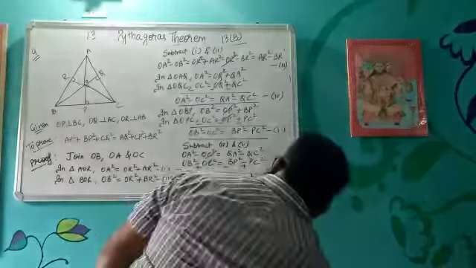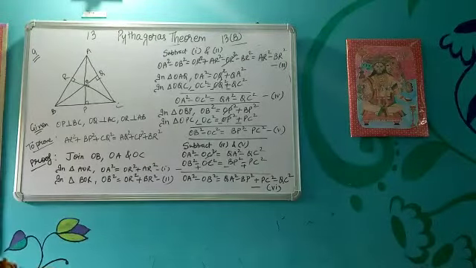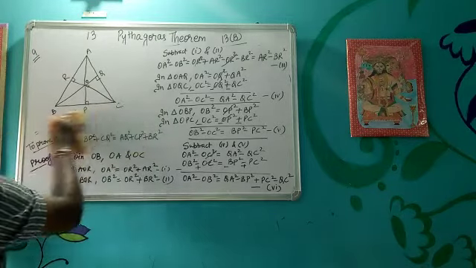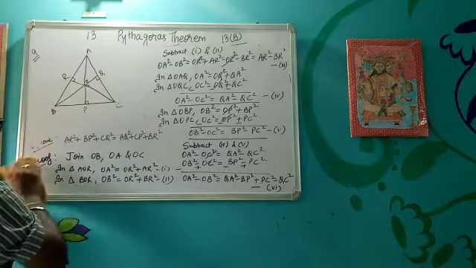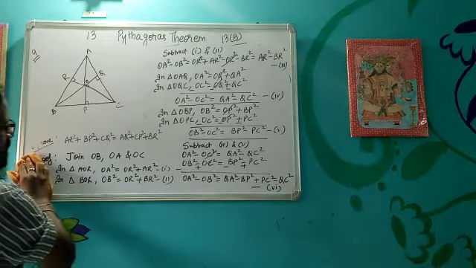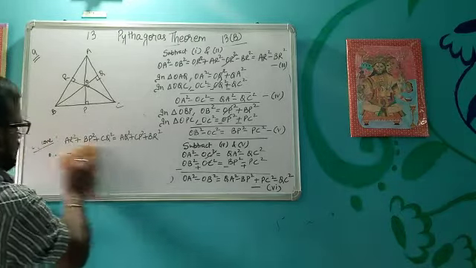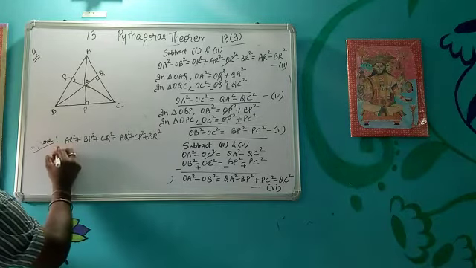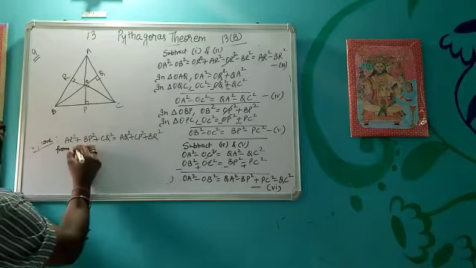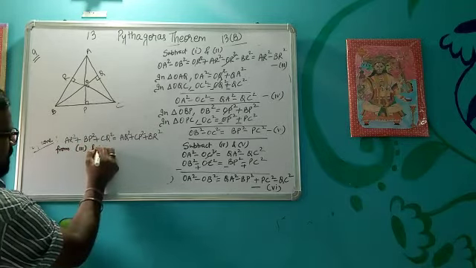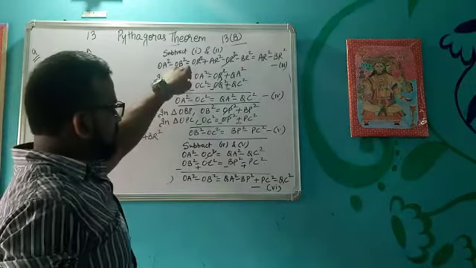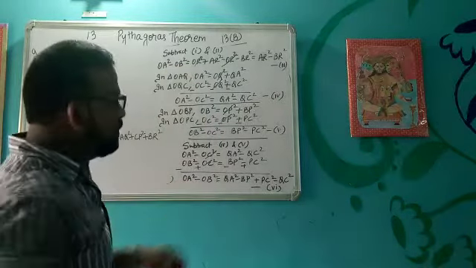So now what we are going to do, from 3 and 6, we are going to compare the value of OA square minus OB square on both sides.